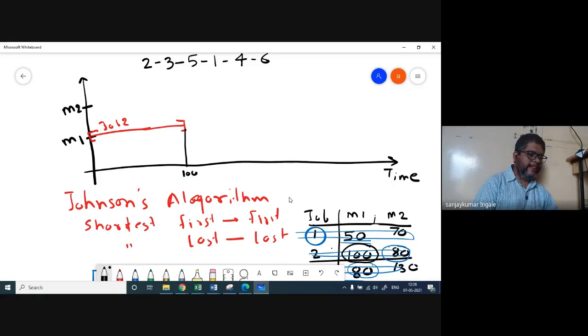Then I can take this job to machine 2. How much time does it require on machine 2? 80. So now we can load job 2 on machine 2, and it is going to take 80 minutes.